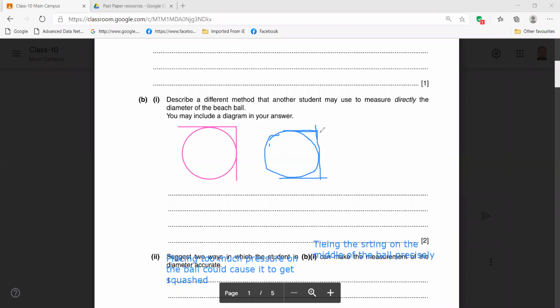So you can draw it. If your drawing is okay like this, then you will get 2 marks, and you can label it. If you are using measuring tape, you label it as measuring tape, or the meter rule you can use over there. Then over here you can use another ruler or set square, so that you can measure it directly.